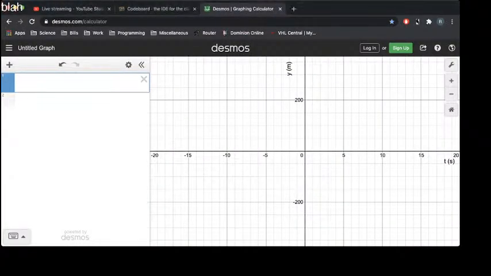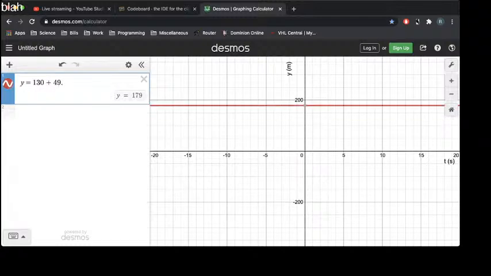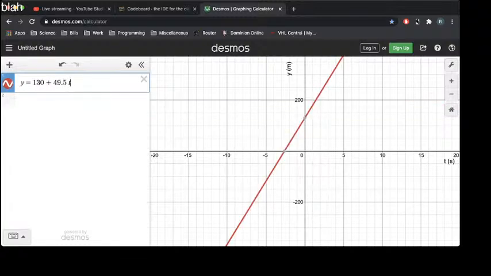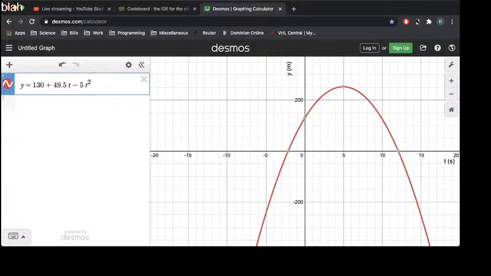So you can see I have y in meters versus time. And so I'm going to type in the equation. Y equals 130 plus 49.5 t minus 5t squared. And you can see that we get a downward parabola. And so we're trying to see when this parabola is equal to 0.